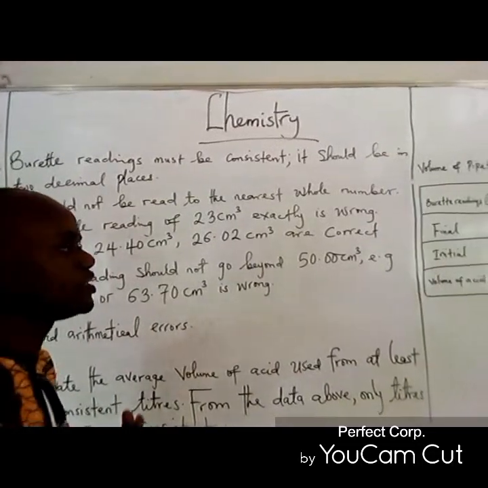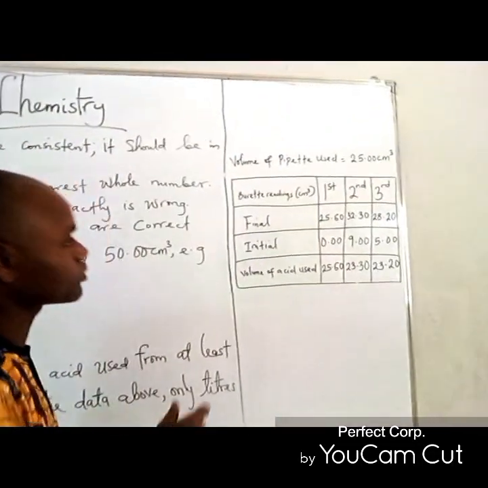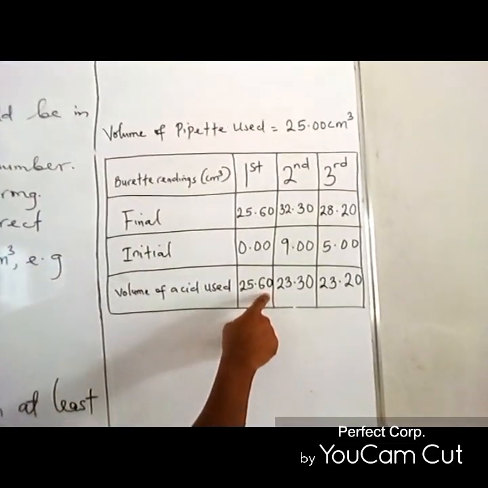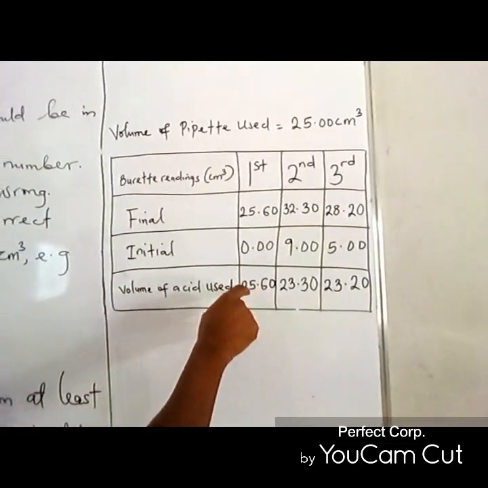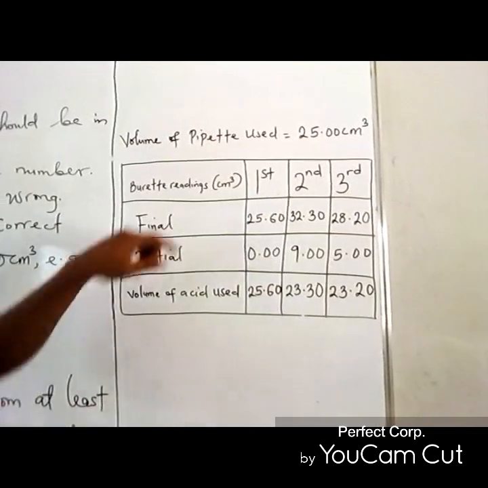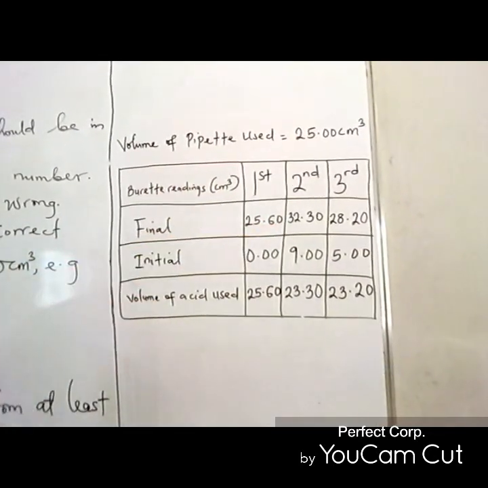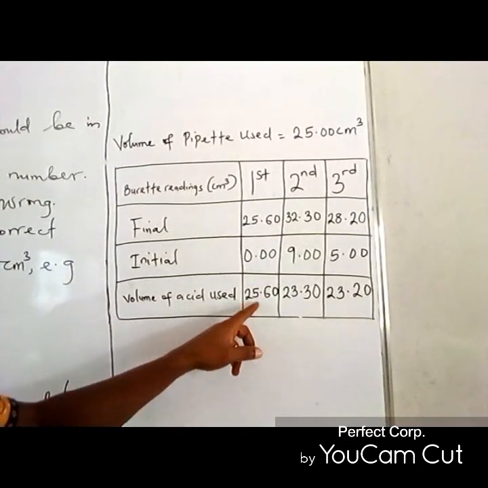It means that, please, let's go back to the table. Now this 25.60, we subtracted 0.00 from 25.60, and the answer we arrive at is 25.60.